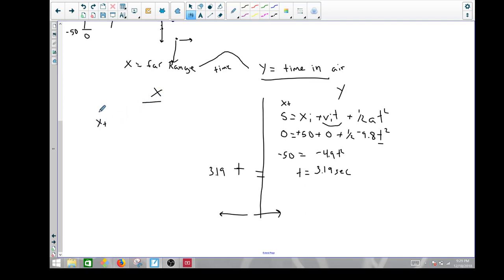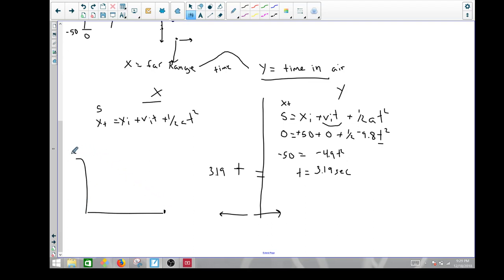All right, that's s equals xi plus vit plus 1/2 at squared. Now again, I'm going to get from my picture here, I want to know the maximum distance out that I'm traveling.